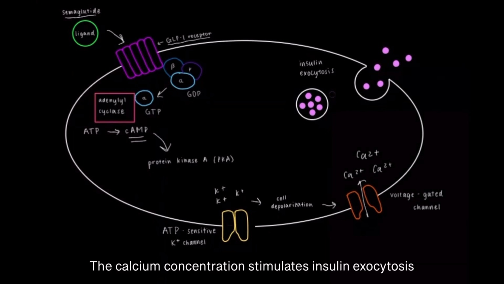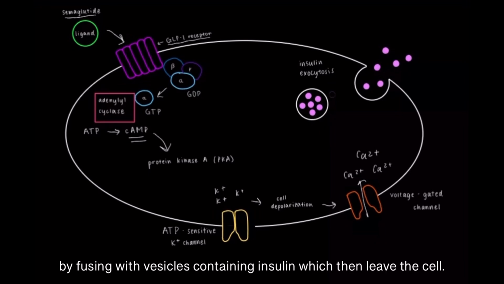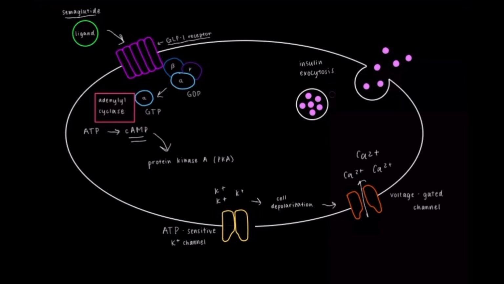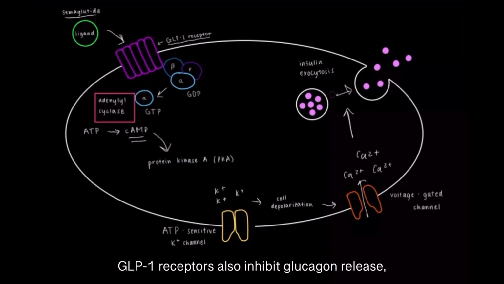The calcium concentration stimulates insulin exocytosis by fusing with vesicles containing insulin, which then leave the cell. GLP-1 receptors also inhibit glucagon release, which helps keep glucose levels down.